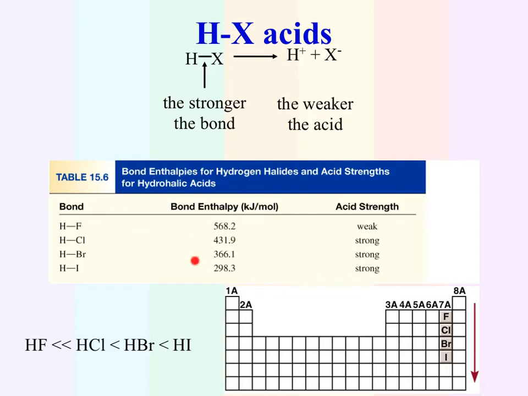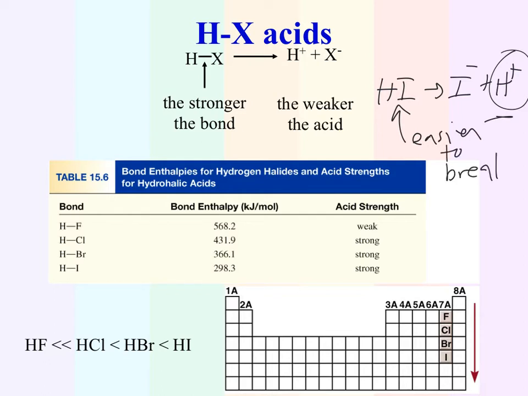However, if we take a look at bond enthalpy, the energy required to break that bond, we know that the bond energy of HF is going to be way, way higher than, say, HI. So when we look at the ionization process of HI, it's going to be much easier for HI to put this H+ into solution because this bond is easier to break.